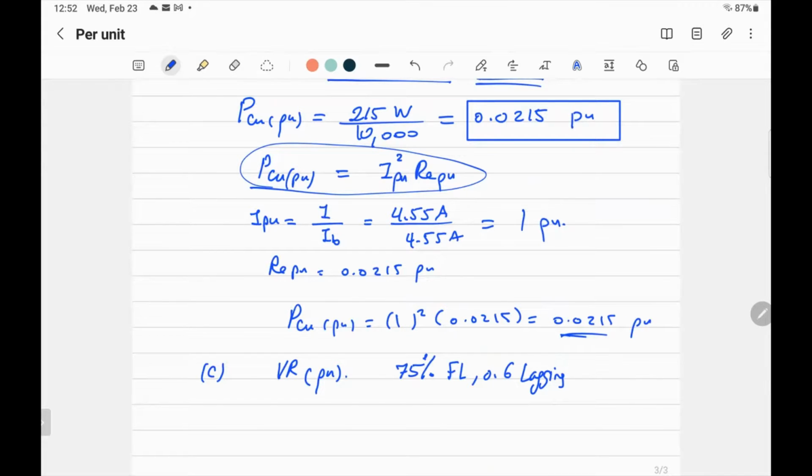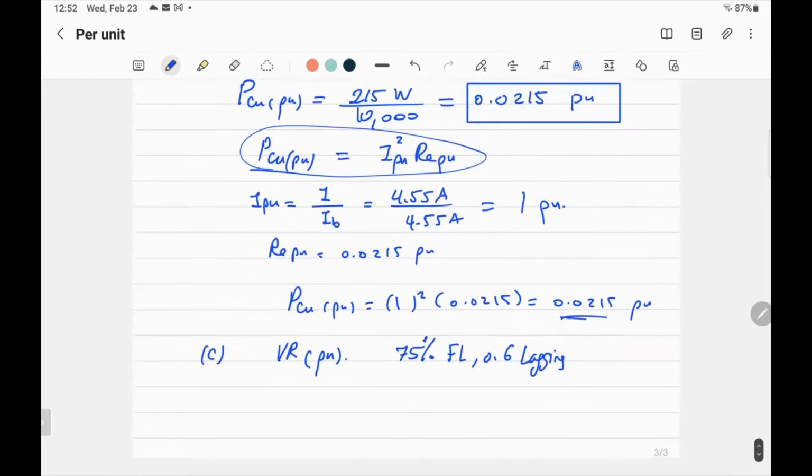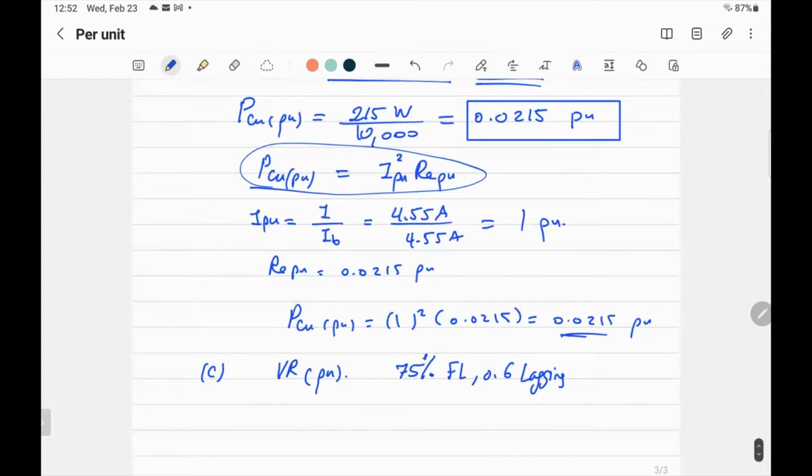All right, I'm going to use per unit. How are you going to use per unit? First, if you are not using per unit, how do you find voltage regulation? I gave you two formulas before in the transformer.